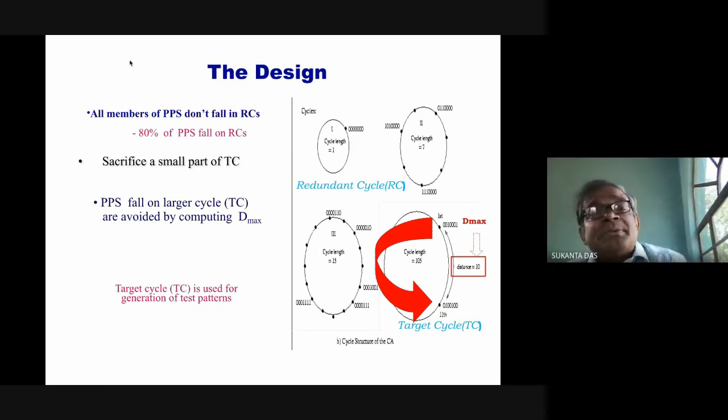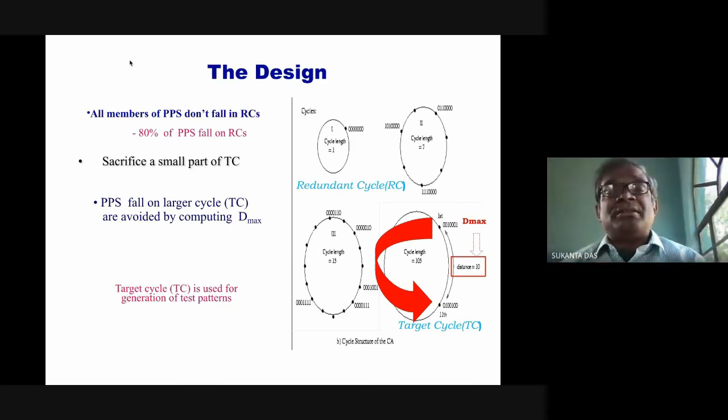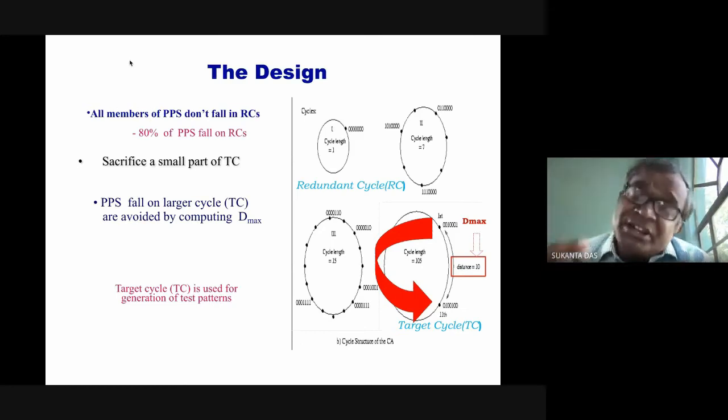In the case of deterministic test patterns, you know that you have to supply a set of patterns to test a circuit. Now what should you do? The reverse: you find a cellular automaton, preferably a reversible cellular automaton, which can generate that set of patterns.